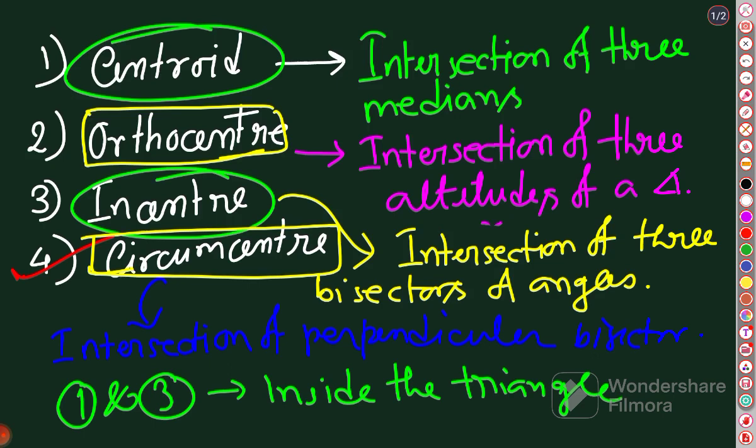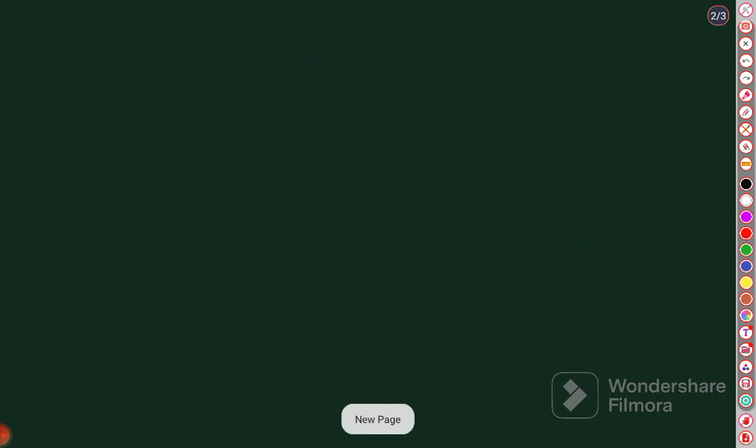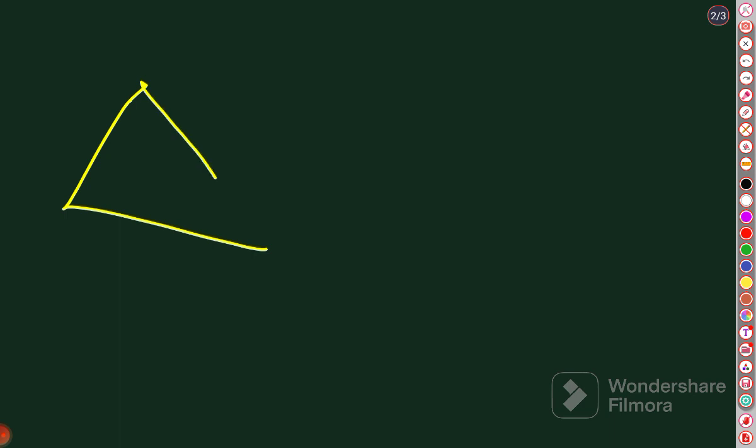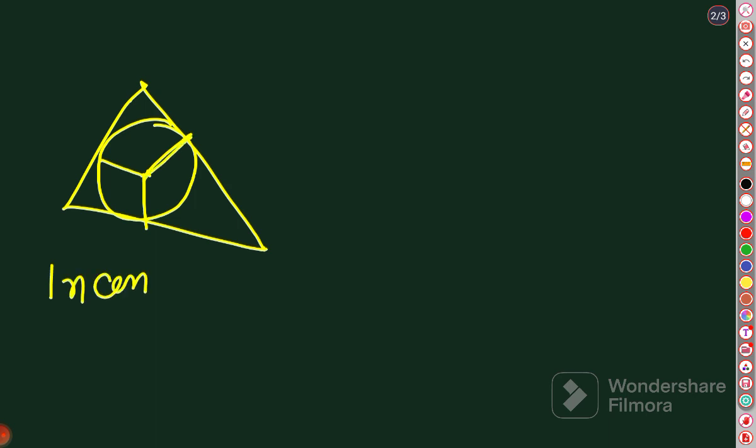One more thing about the incenter and circumcenter. Suppose this is the incenter. The incenter is equidistant from each side. In the incenter you can see the circle.